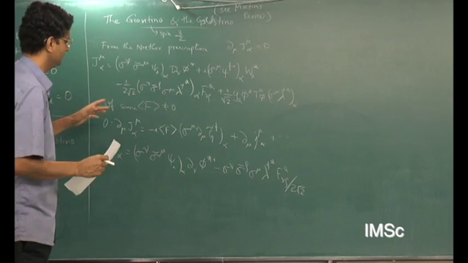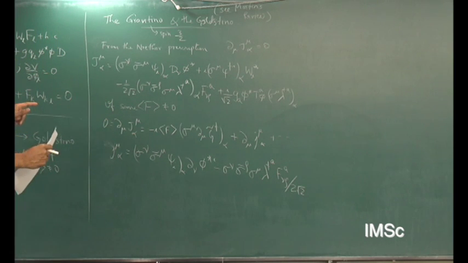Because it is only F breaking, the G twiddle is now only going to include some linear combination of all of the F's.